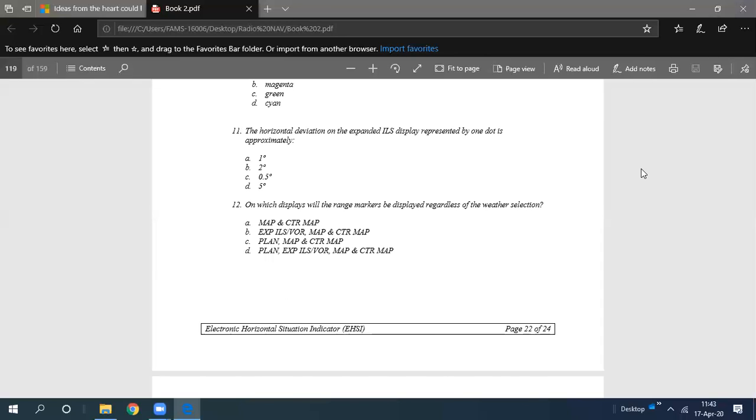It is 0.5. Absolutely correct. And question number 12, answer is Bravo. Question number 13, answer Charlie, and question number 14 is 360 true. Plan mode, all headings are true.